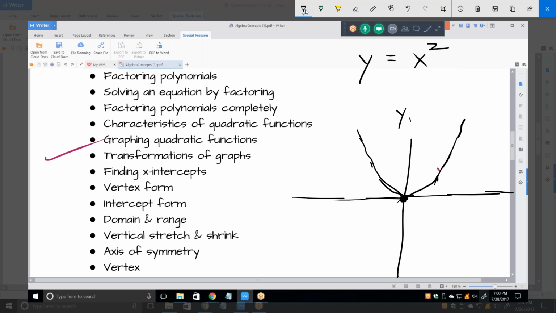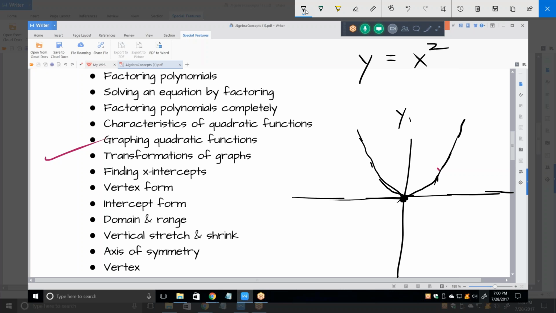And this is not a bad function to work with. We could work with transformations of linear functions. We could work with transformations of cubic functions, which is x to the third. Or we can start our learning of transformations with this function right here, y equals x squared.